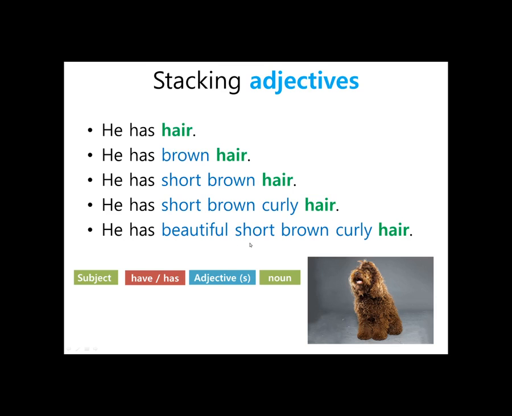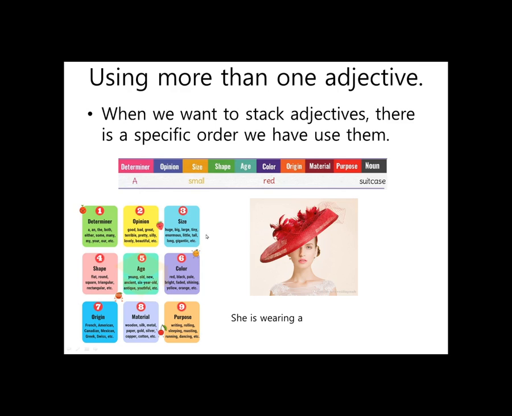So if we said he has brown, curly, beautiful, short hair, it makes sense, but it's not correct for the way we order our adjectives. So we will learn today more about the order of how to put these words. Okay, so when we want to stack adjectives, there is a specific order we have to use them.